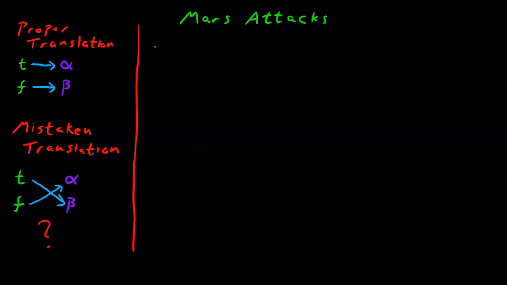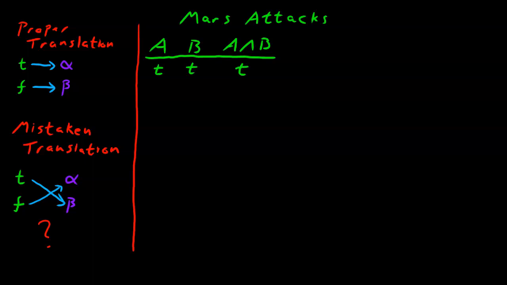First, let's set up our table for AND. So A, B, and A and B. Our rows are T, T, T, T, F, F, F, T, F, and F, F, F. Next, let's draw the table the Martian will see upon translating this table.